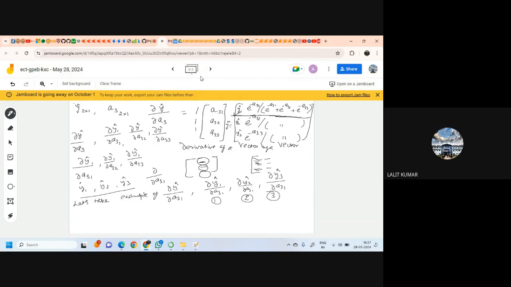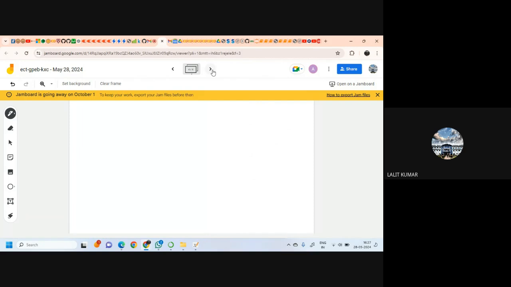You don't have to remember this; I'm just explaining. Otherwise, there is a quick formula for this. y1 hat is equal to e to power minus a31 divided by e to power minus a31 plus e to power minus a32 plus e to power minus a33, which I can write using a power of minus 1.